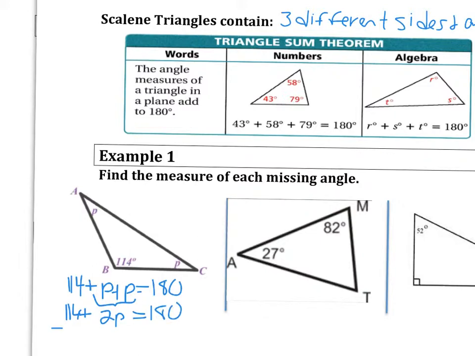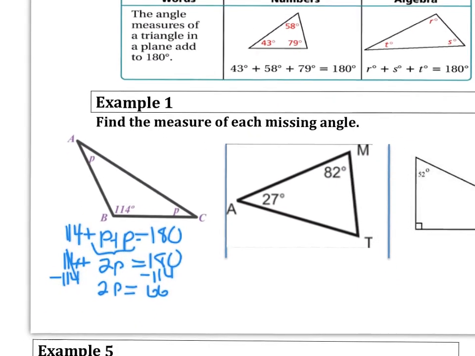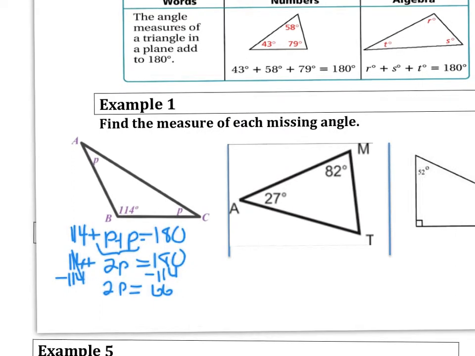From there, I can subtract the 114 from both sides and find that 2P is equal to 66. Lastly, I would divide by 2 and find that P is equal to 33. Now you could call that degrees, and really you should, because in this particular example, neither angle is labeled with a degree. So that makes both of these angles 33 degrees.